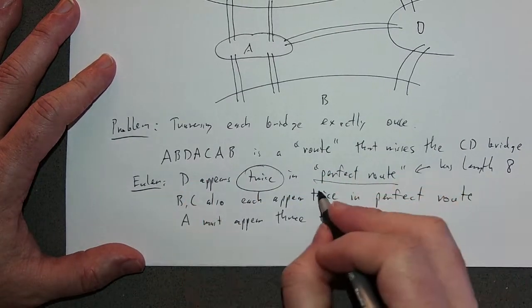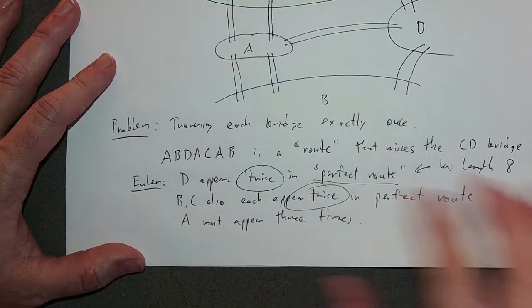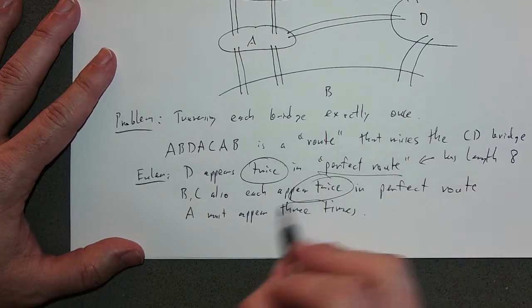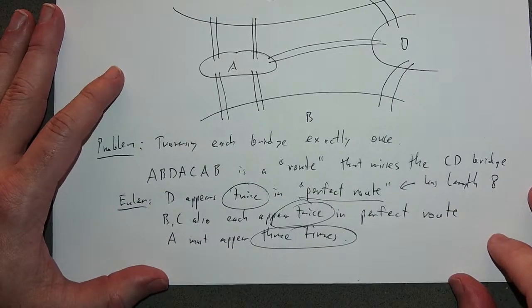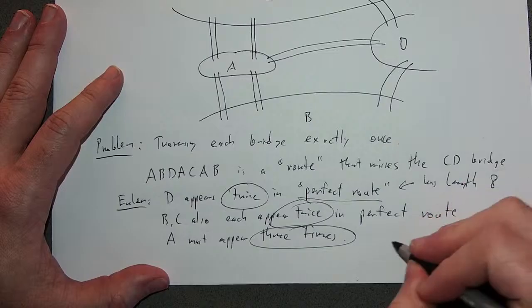B and C also each appear twice, so that's 6 slots. And A must appear 3 times. So there has to be a 9-letter sequence that has to fit in 8-letter slots, so it's impossible.